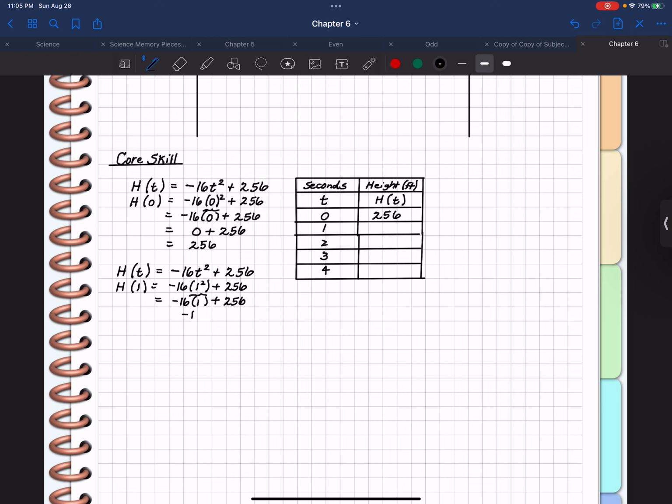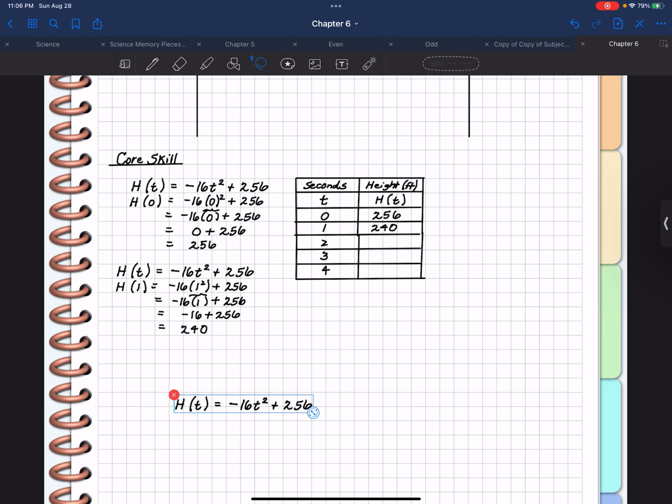So we have negative 16 plus 256, and that is going to be a 0, a 4, and a 2. So 240. After 1 second, the object is at 240 feet.